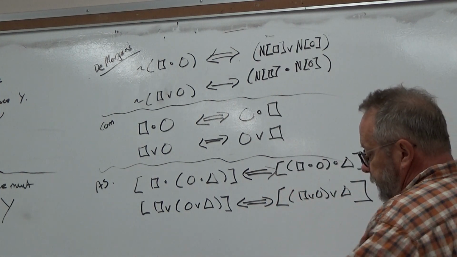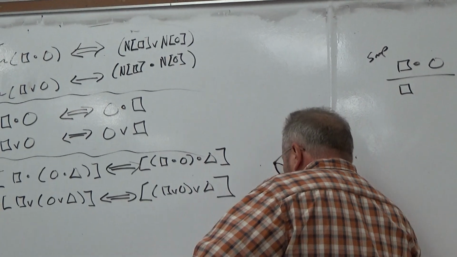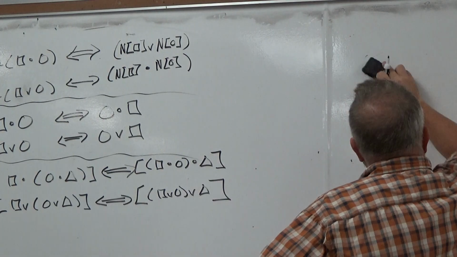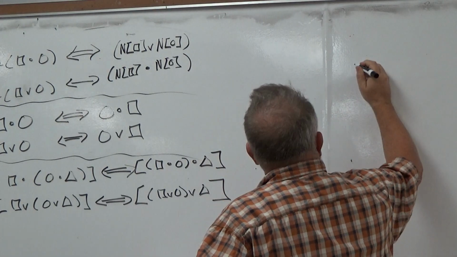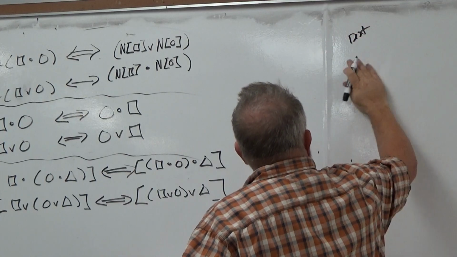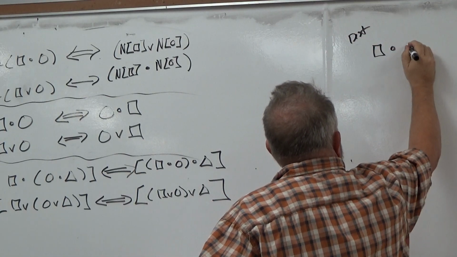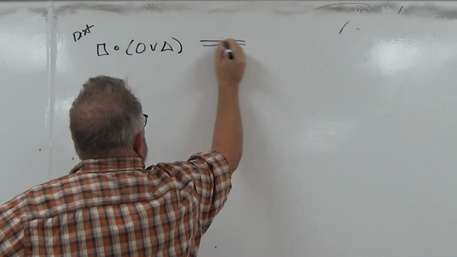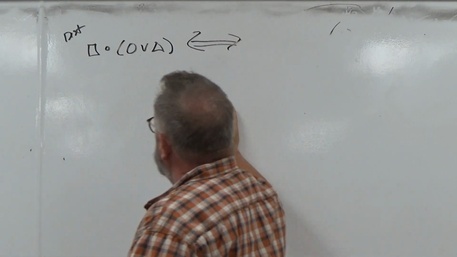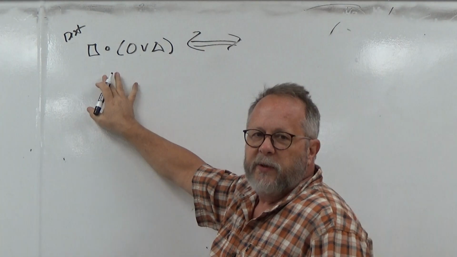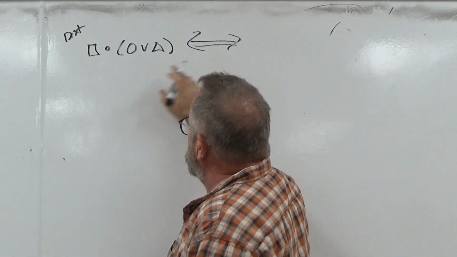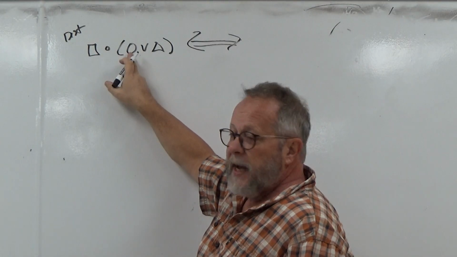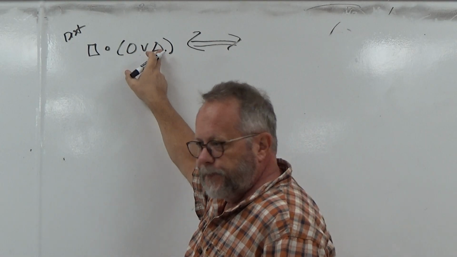We have another rule called distribution. Now this one has a mix of ands and ors. Box and (circle or triangle). We can replace that with an equivalent statement. Now let's think about what this might be saying so that we can understand its equivalence. Suppose this says something like, I have a hamburger and fries or onion rings.